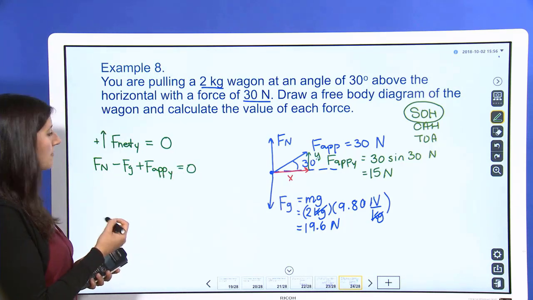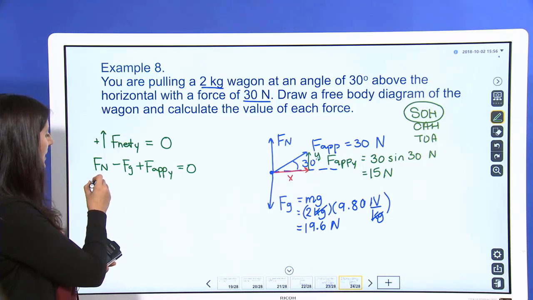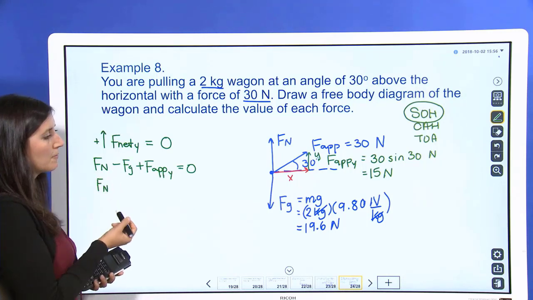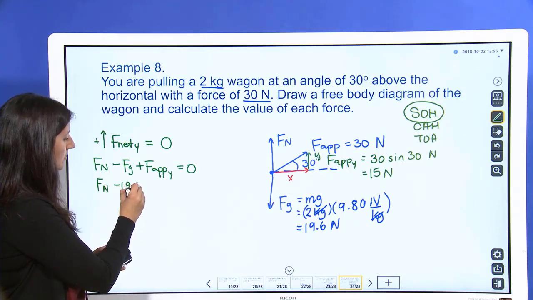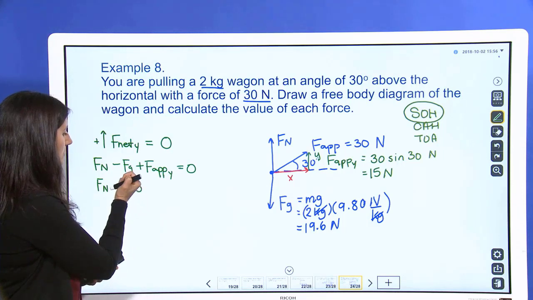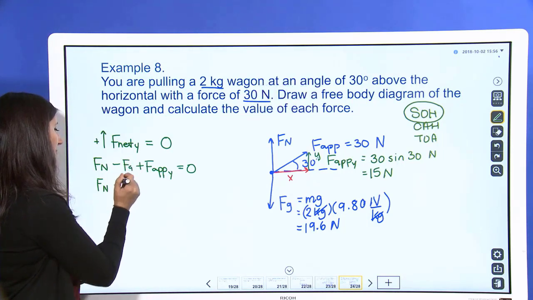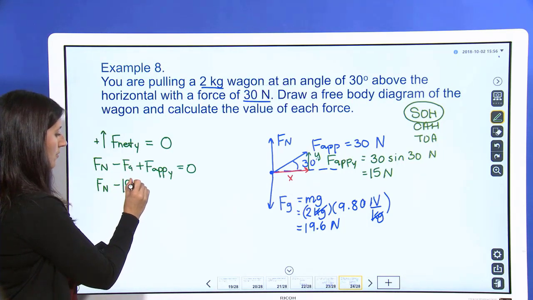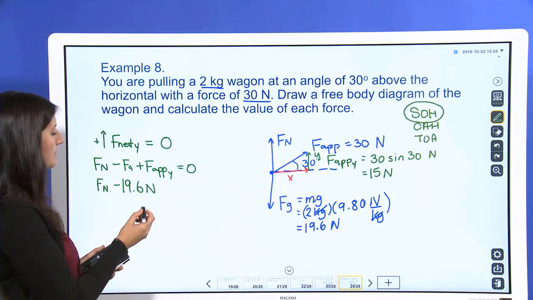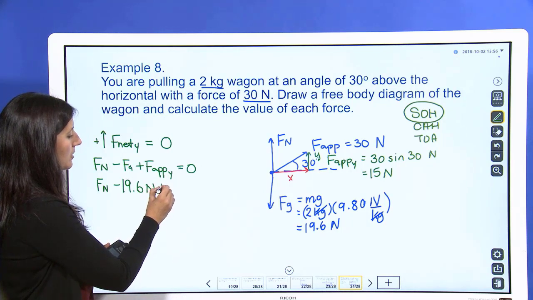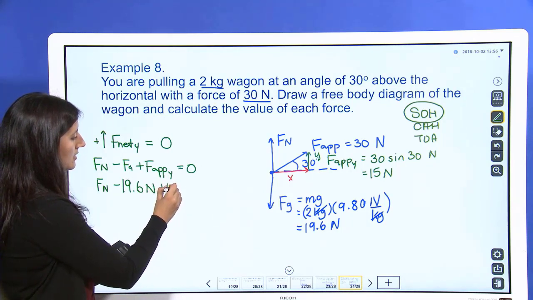So let's put in all the values. My normal force is what I'm looking for, so I'll keep that as it is. My force of gravity is 19.6. And my F applied y is 15 newtons, and it's pointing upwards, so it's positive.